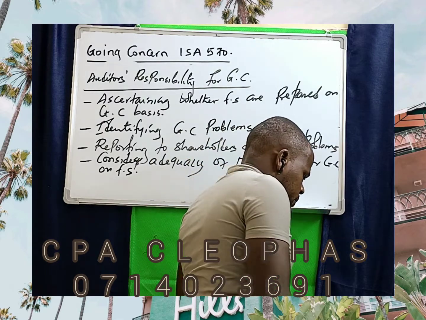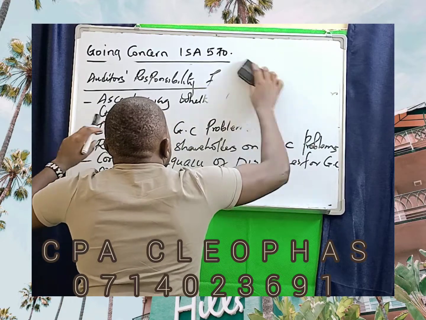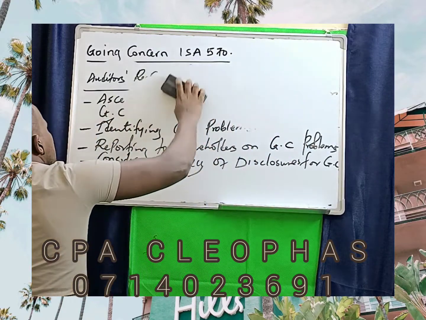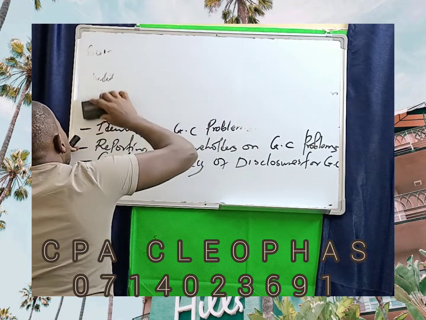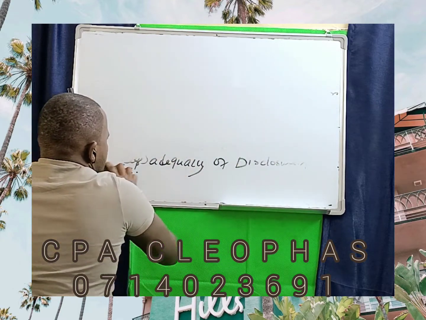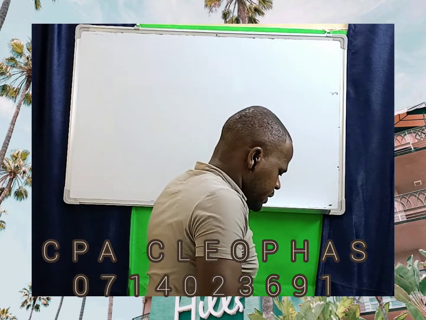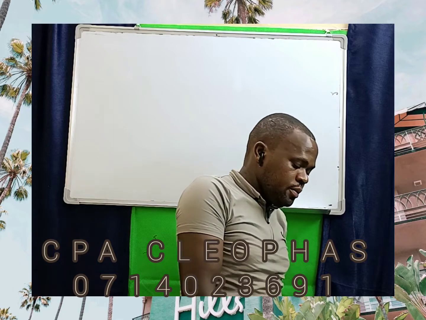Then I want to talk about the audit procedures. Audit procedures for going concern. Which are the procedures auditors should perform with respect to the company's going concern? Let me mention some of them.